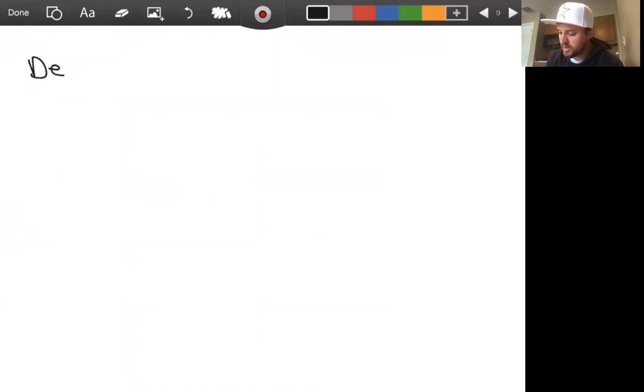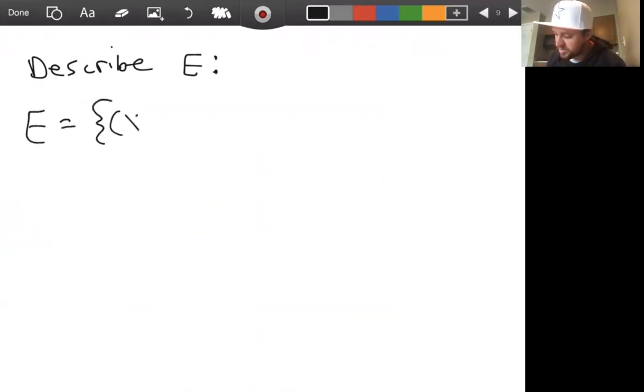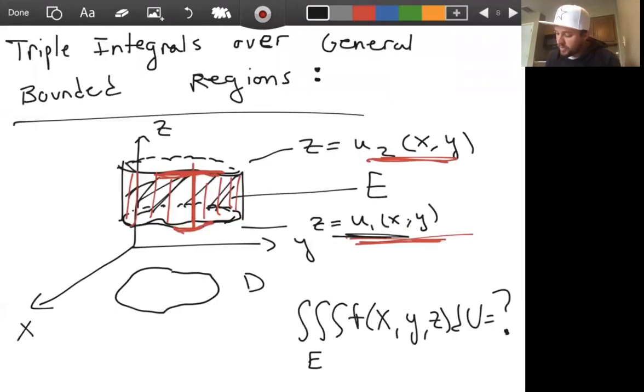So how do we describe E? This region E is going to consist of points x, y, z in three-dimensional space such that, well, what do we have? This is lifted above some two-dimensional region D here, right?